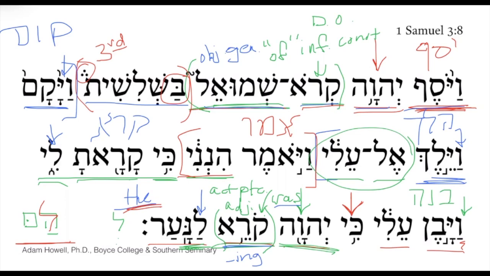And of course, the context would support the young boy as well, since Samuel is the only young lad in the story so far. But since we're talking Hebrew morphology, we might as well point out that the lamed has supplanted the definite article, but retained its vowel pointing to point out that the definite article is still there. So we get the Lord called or was calling to the young boy.